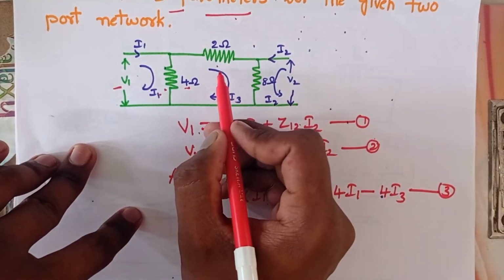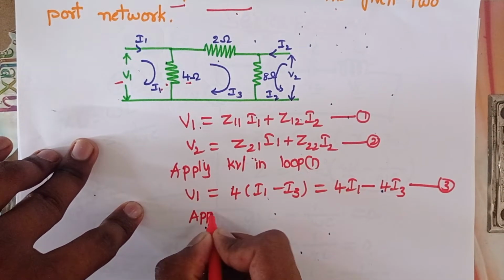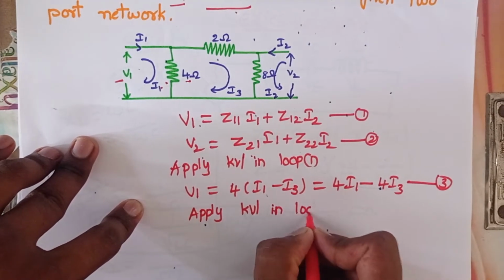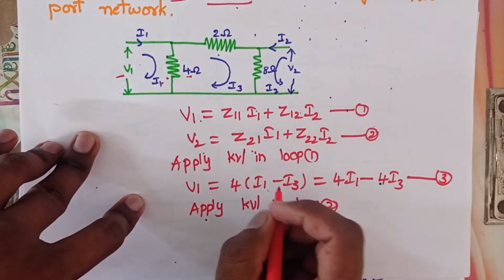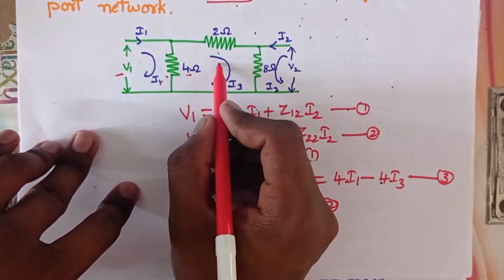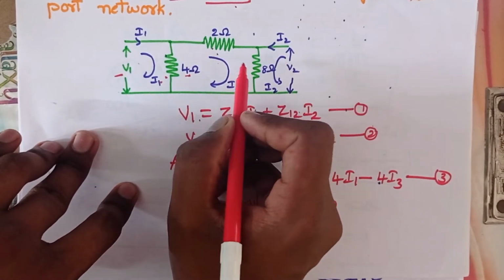Now apply KVL in loop 2. Here observe there is no voltage source, that's why we consider the voltage across the resistors only.